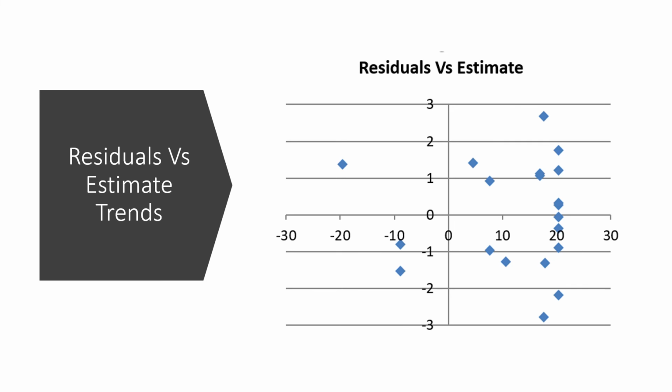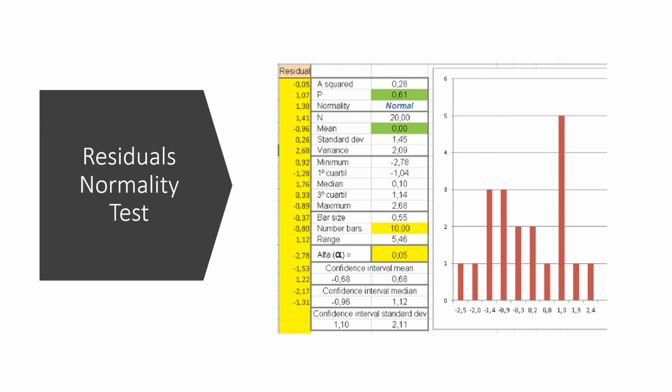Comparing the residuals with the estimated values, we should not detect any trends. We expect the residuals to follow a normal, Gaussian distribution with an average of 0. The test for normality gives us a p equals 0.61, greater than 0.05, so it is okay, no evidence of lack of normality.